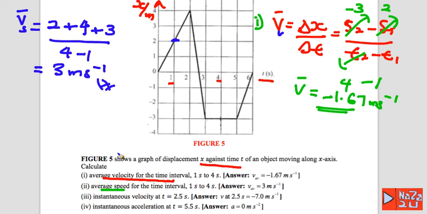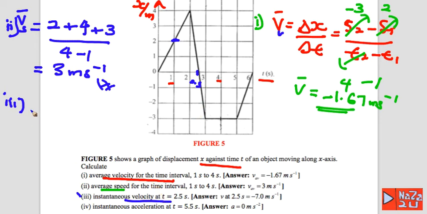This is number 2. And the next is number 3. Number 3 asks you to find the instantaneous velocity at 2.5. Let's say you look at the graph here, 2.5 here. This is 2.5. So how do we calculate the instantaneous velocity?